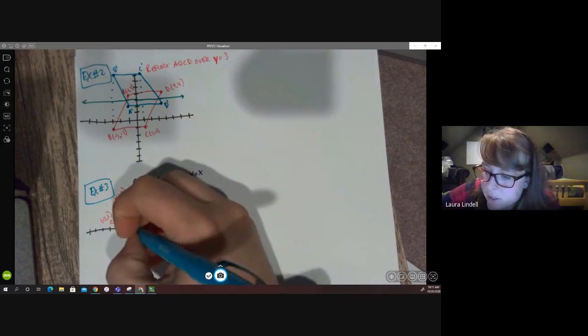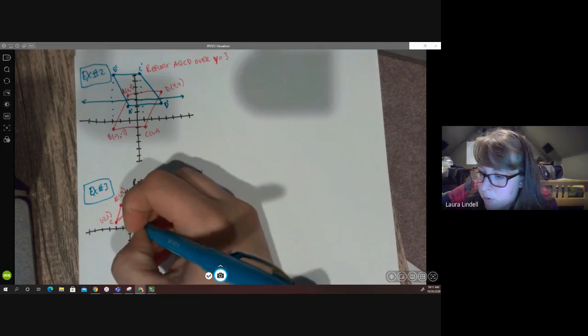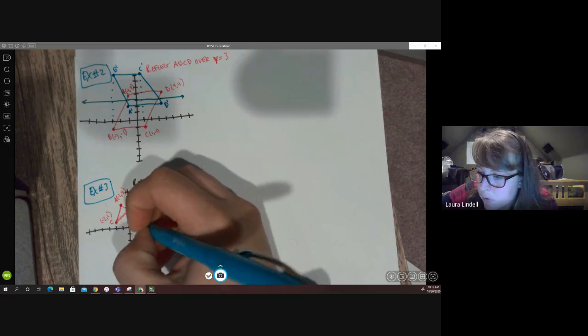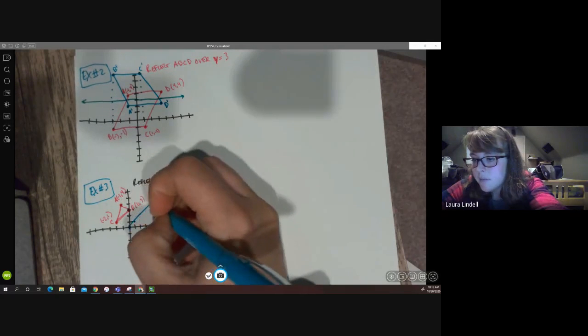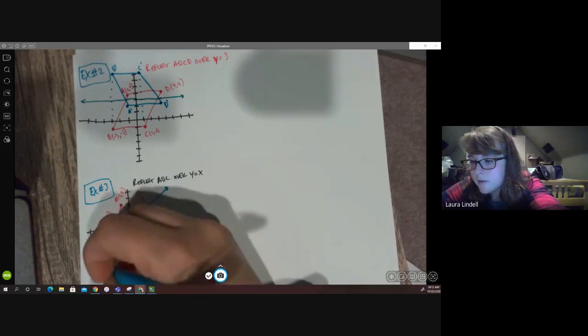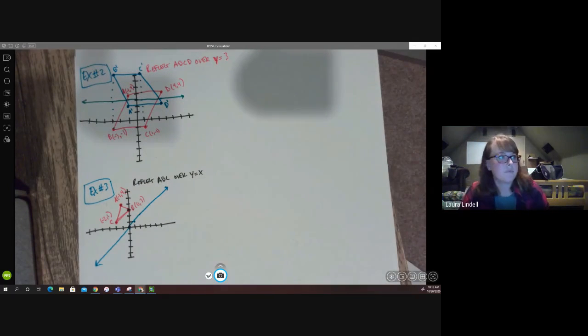So that means we're starting at 0, 0 and going up 1 or over 1, up 1, over 1, up 1. So that we get something that looks like that. All right, so there's the line y equals x.